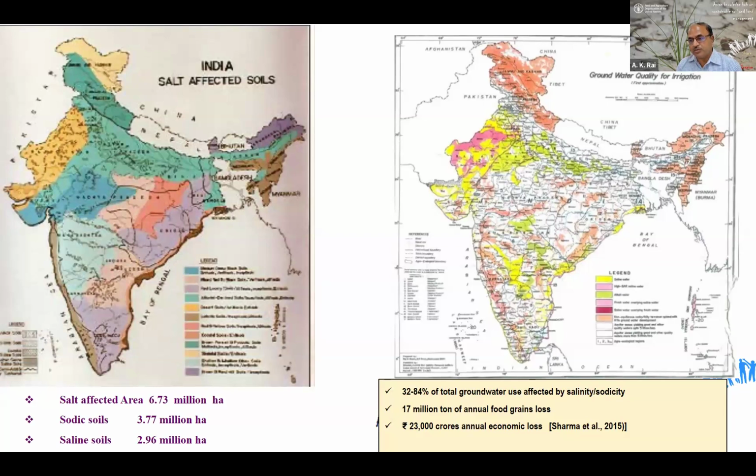Our present estimate shows the land is affected by salinity as well as sodicity, including both coastal as well as inland salinity affected areas.